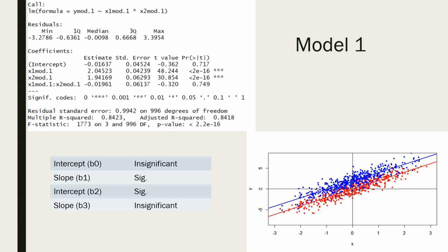So moving on to the next section, in model 1, our intercept B0 and our slope B3 are insignificant, whereas slopes B1 and B2 are significant, which is what we predicted, and based on the model we've generated, we can see a lot of similarities with what we predicted. For model 1, we can see the intercept change as predicted.